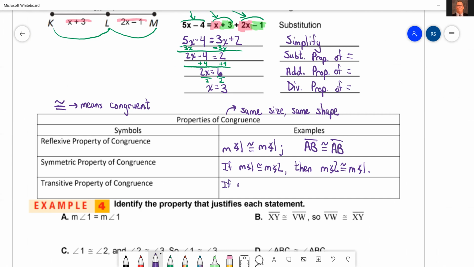So if the measure of angle 1 is congruent to the measure of angle 2, and the measure of angle 2 is congruent to the measure of angle 3, then the measure of angle 1 is congruent to the measure of angle 3.